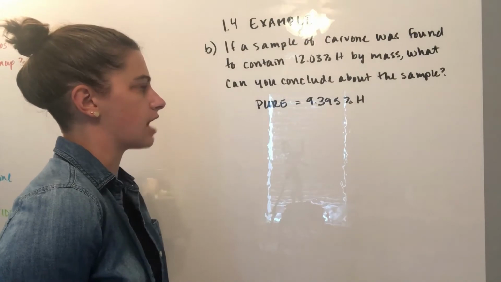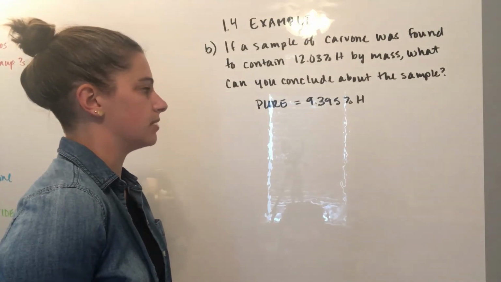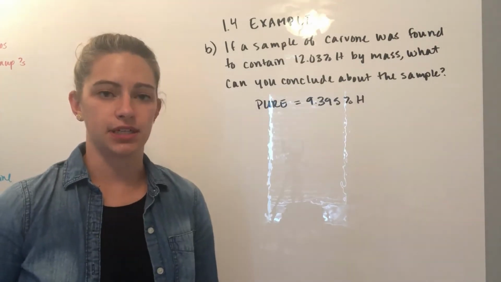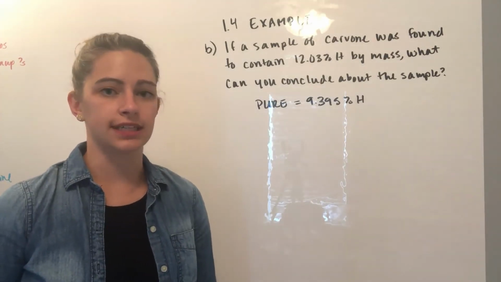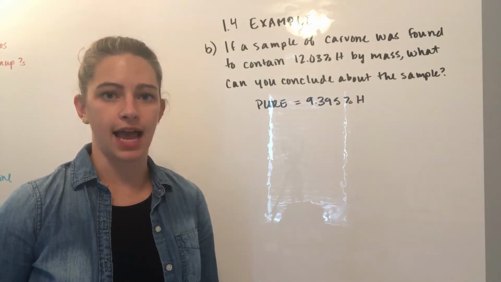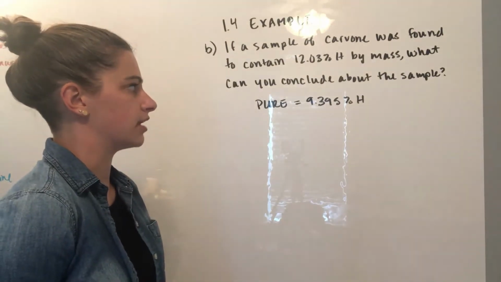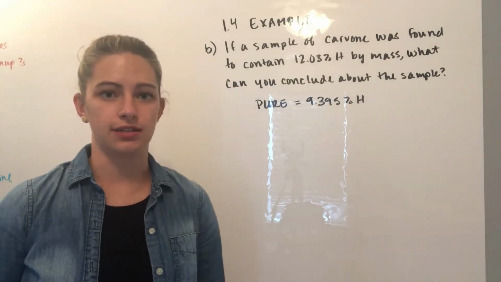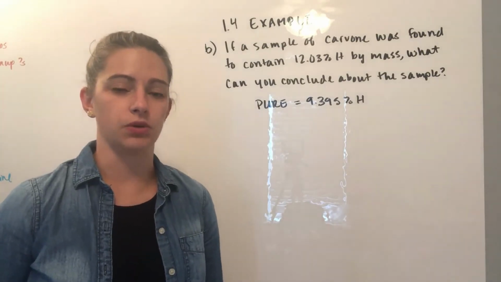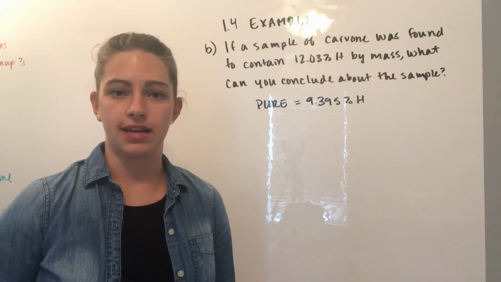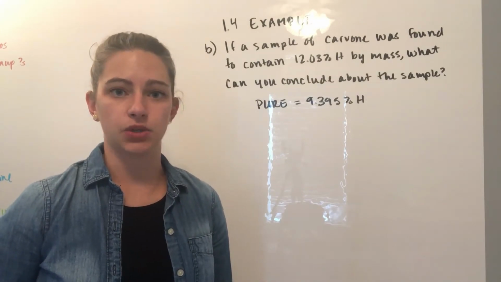So anytime you're asked about an impurity, you're going to be comparing the mass percent of that particular part, whether it's an element or a polyatomic ion or something in a compound. You're going to be comparing the mass percent of pure versus the mass percent in the impure, and that will help you determine what your impurity is or what is contributing to the difference in the mass percent.